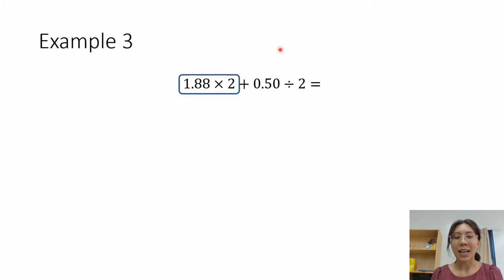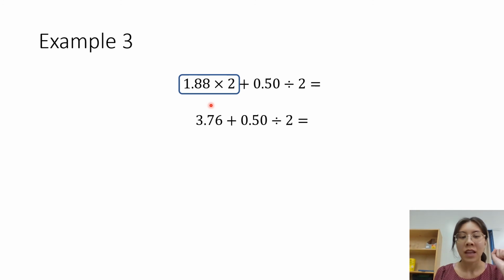In this example, multiplication shows up first, so we are going to do the multiplying first. When we multiply 1.88 by 2, we should get 3.76. Remember, you can use your calculator for this. Then we carry down the rest of it, so I brought down plus 0.50 divided by 2.